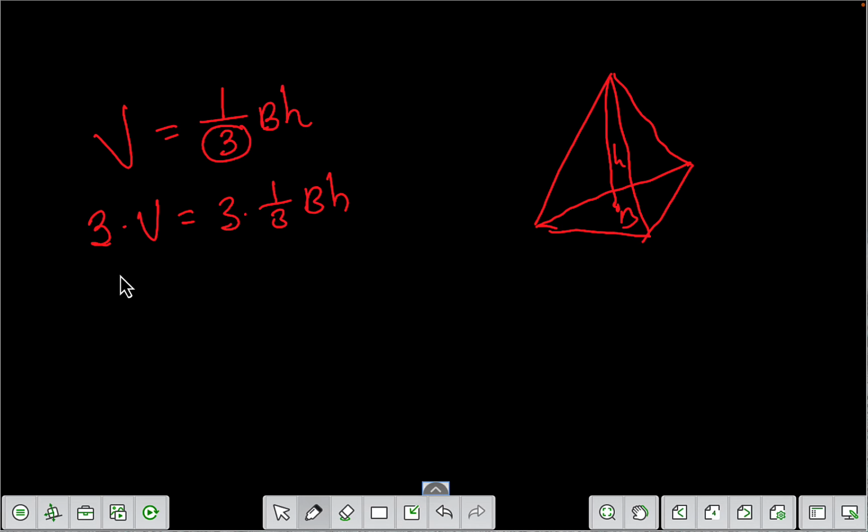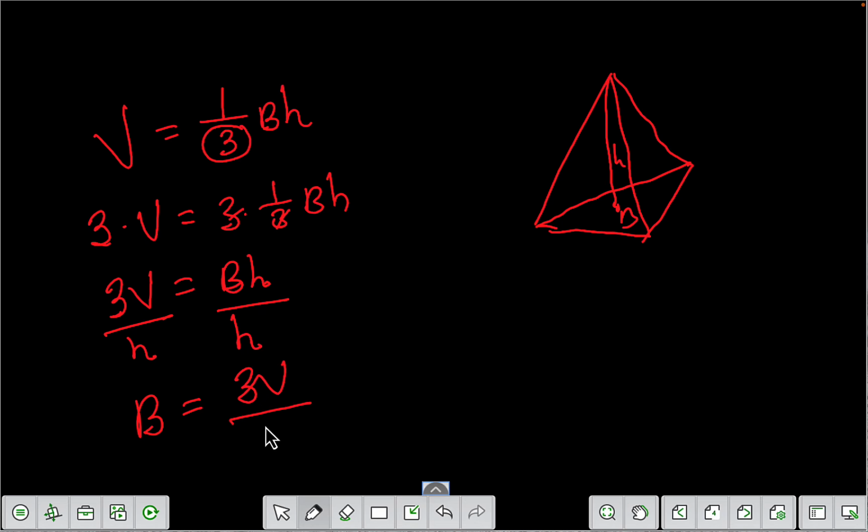Okay, so we can simplify. 3V equals, this cancels that, and that is going to give us bh. So to find the base area, you need to divide by the height. Base area is equal to 3V over height. It means that to find the base area of this pyramid, you need to multiply the volume by 3 and divide by the height of the pyramid, the true height actually.